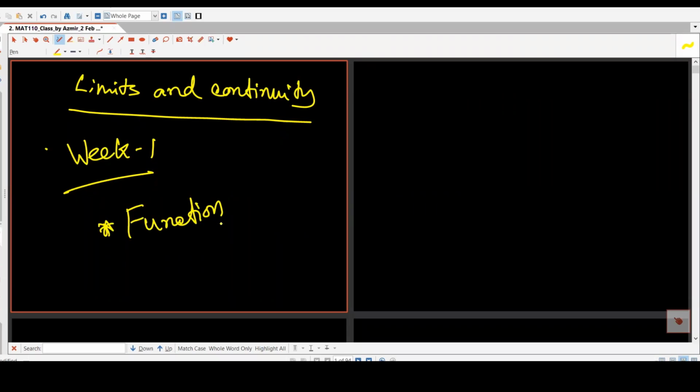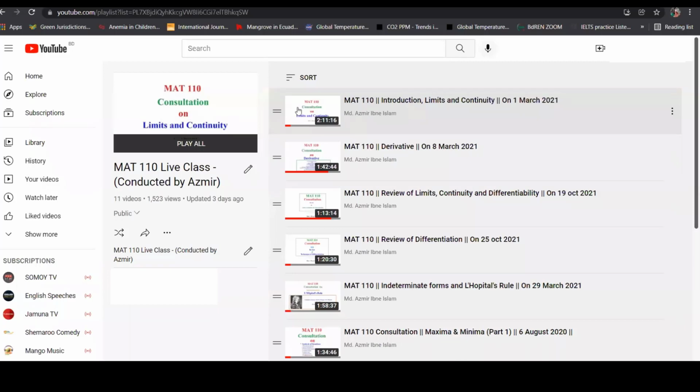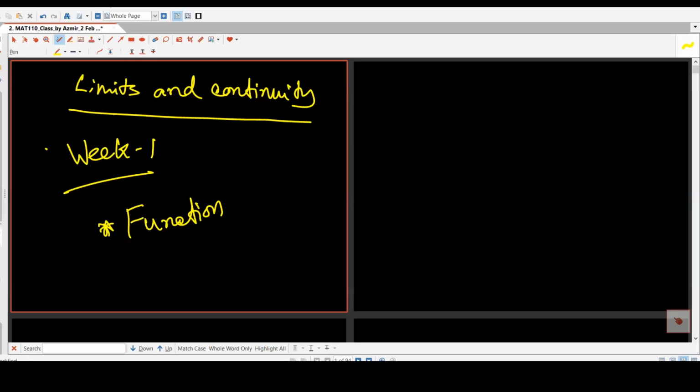It may be a polynomial function, exponential function, logarithmic function, or rational function. All the types have been discussed in this lecture. Function is not included in our syllabus, but whenever we discuss limit and continuity, every time we are dealing with functions.